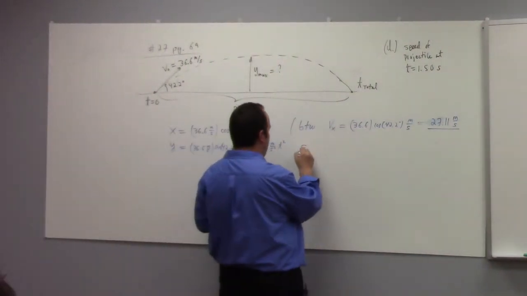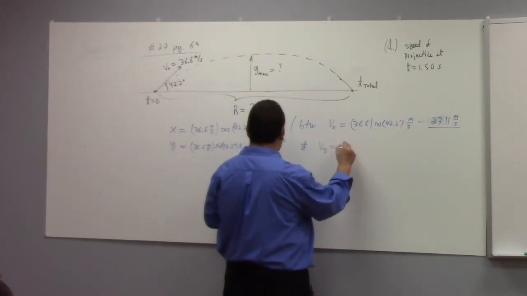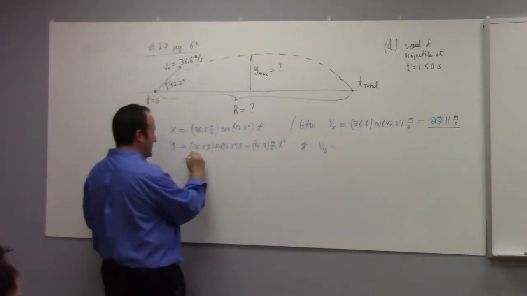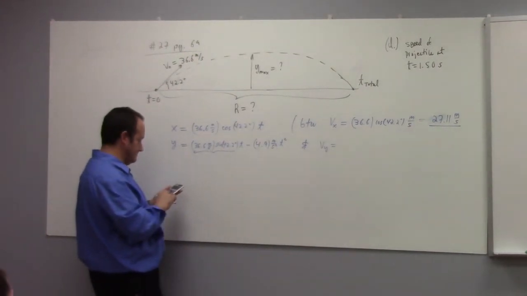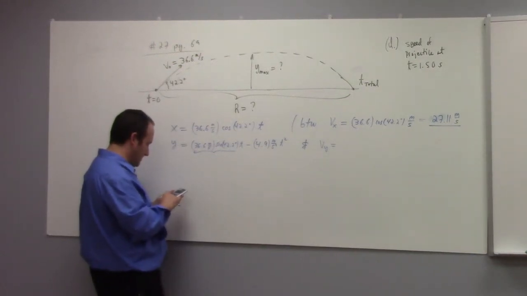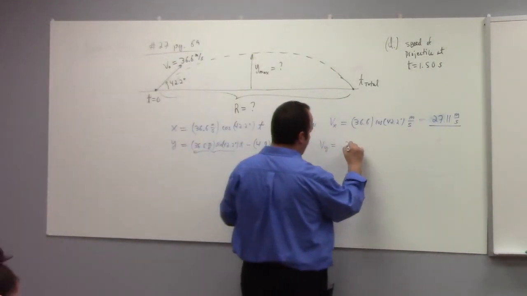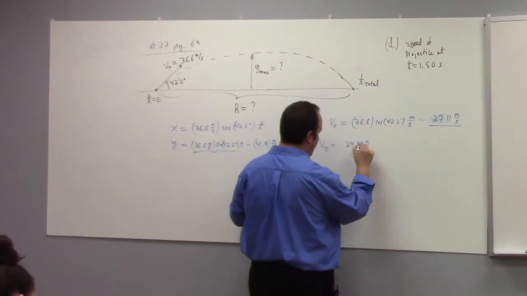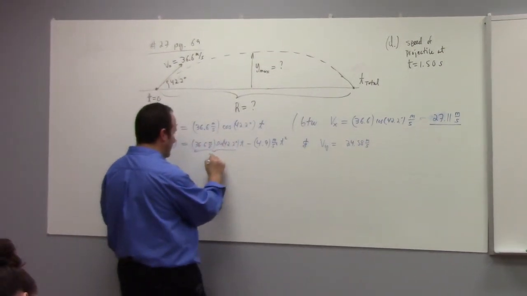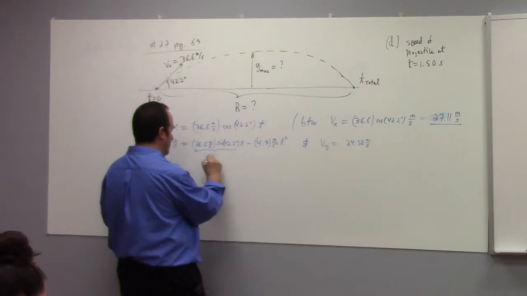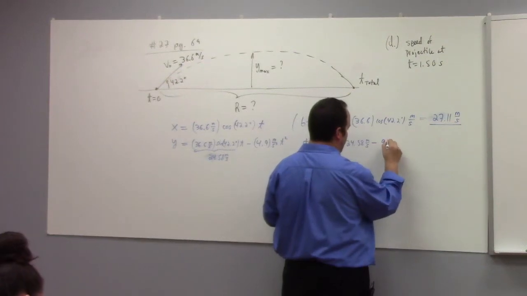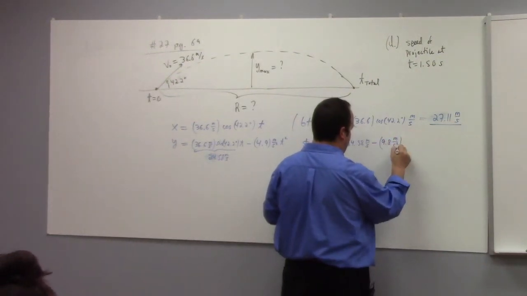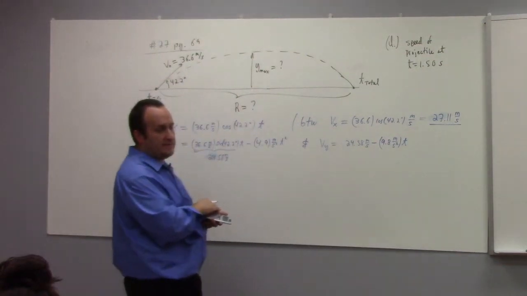How about the y velocity? Vy is, let me work out this number. I get 24.58 meters per second, so it's that minus 9.8 meters per second squared times time. That's the formula for the y velocity.